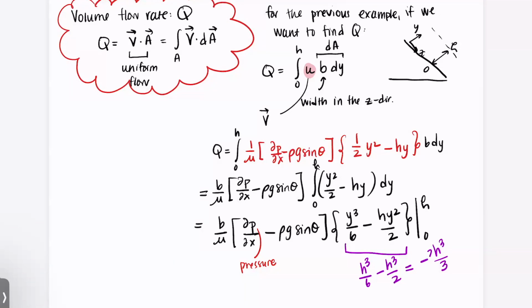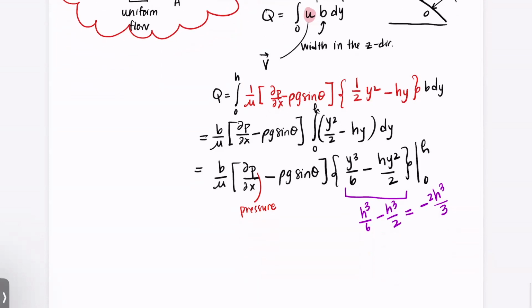I think this is 2/3, right? So I'd make the h cubed over 2, 3h cubed over 6, right? Okay, so I'm going to substitute that back in here.